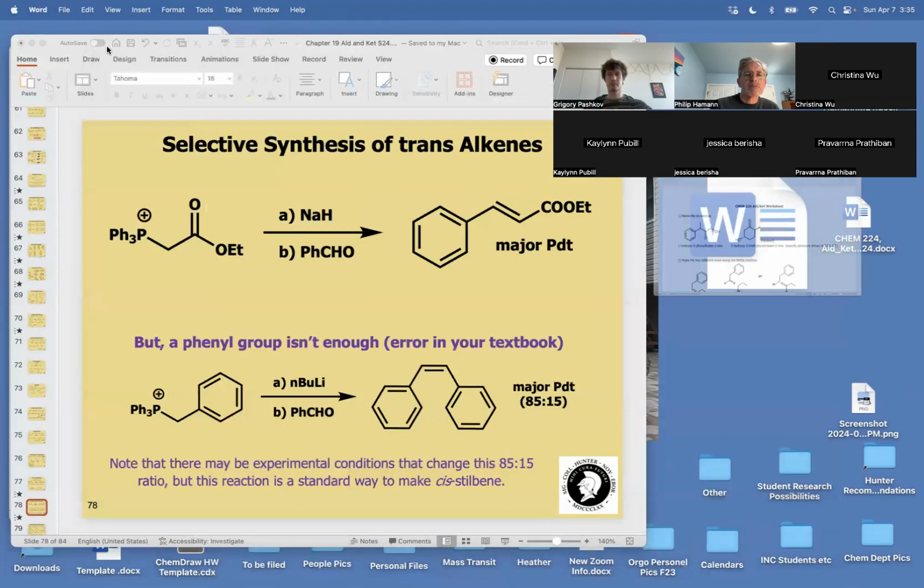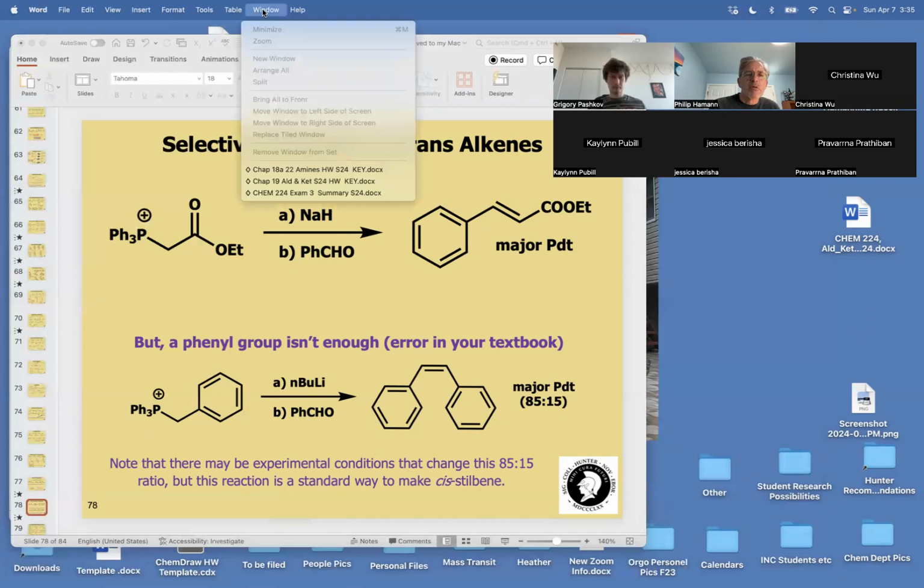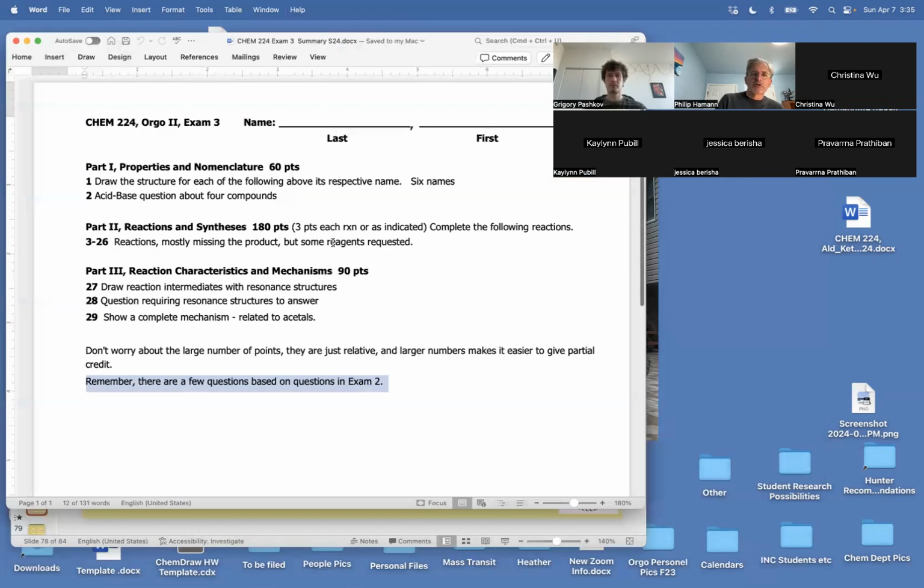So there's 150 points that aren't simple reactions, that is, simply give the product, not that the reaction's simple, and 180. So it's a little over half.